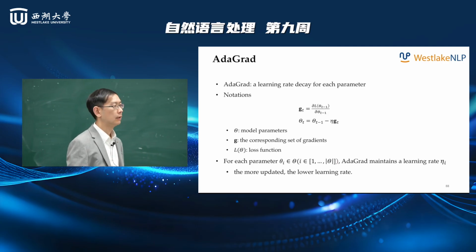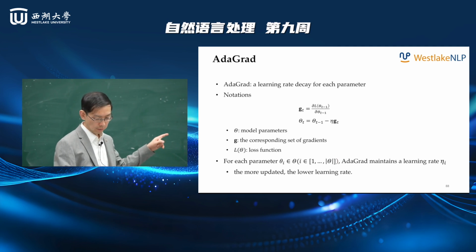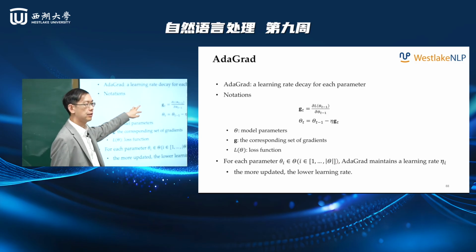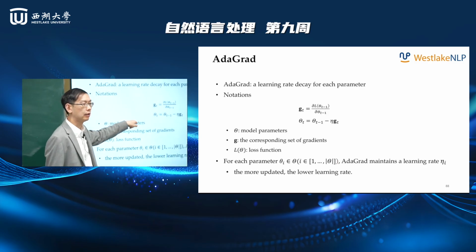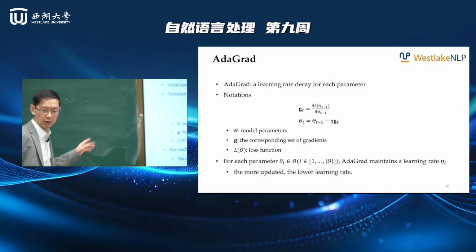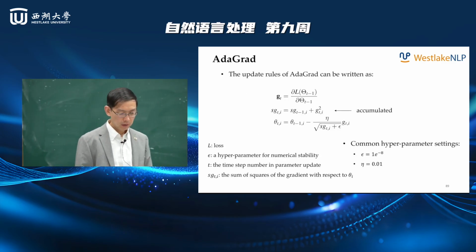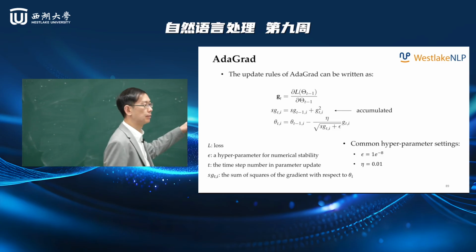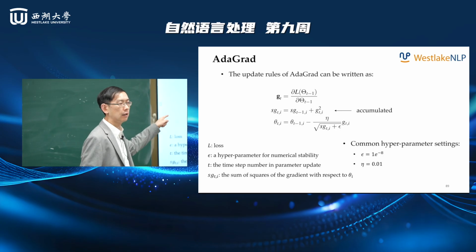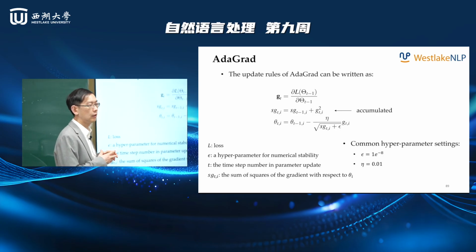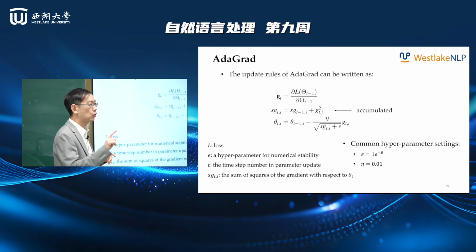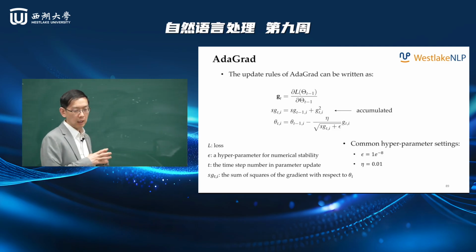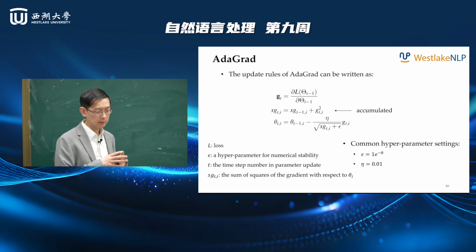there's AdaGrad, the algorithm. First, let's look at this SGD update rule. Theta is the model parameter, G is the gradient. Now, when we have one for each parameter, I can add i to the subscript. So theta i is the ith model parameter, and Gi is the gradient for the ith model parameter. And how do I control the learning rate?